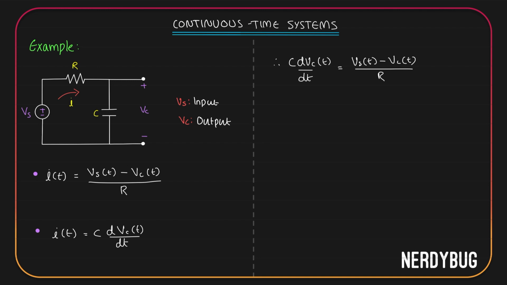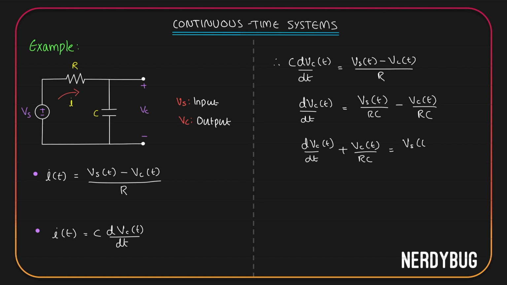Let's divide the whole thing by C. So it becomes dVc of t by dt is equal to Vs of t divided by RC minus Vc of t divided by RC. Now let's rearrange it a little bit by taking this term to the other side, which will give us dVc of t by dt plus Vc of t by RC is equal to Vs of t by RC.